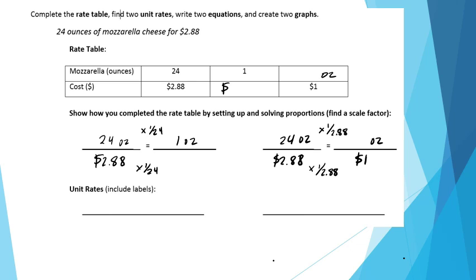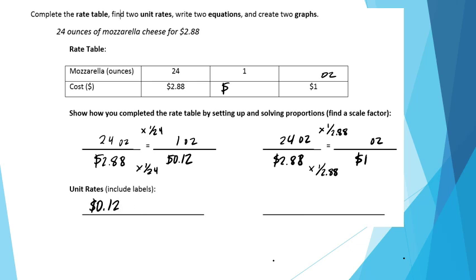So let's find those two unit rates. When I divide $2.88 by 24, the same as multiplying by 1/24, I get 12 cents. So it's 12 cents per ounce. So that's one of my unit rates.